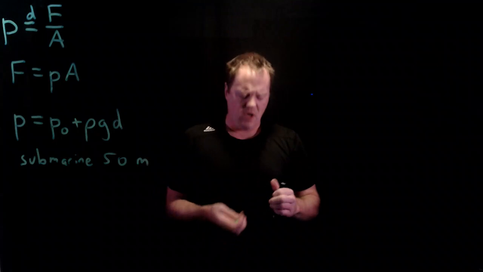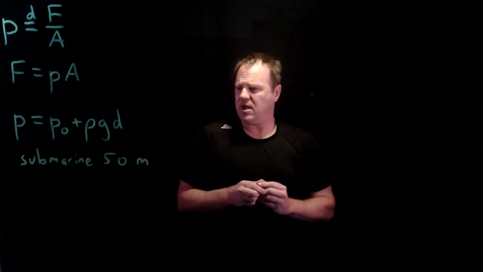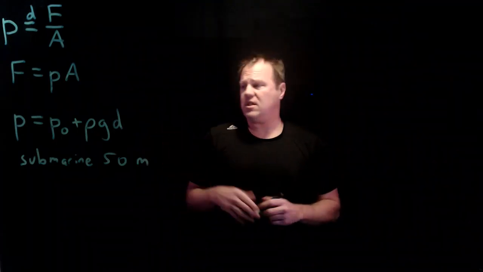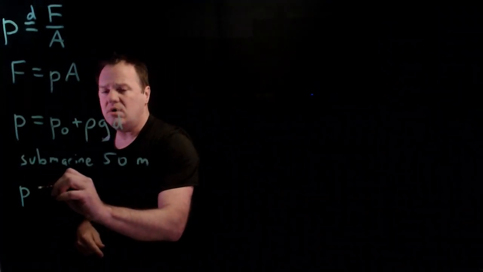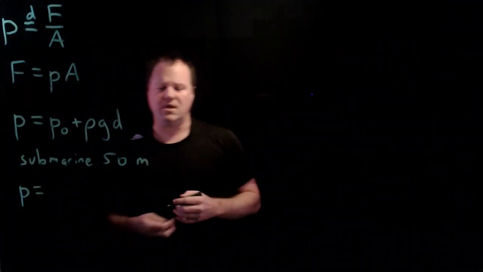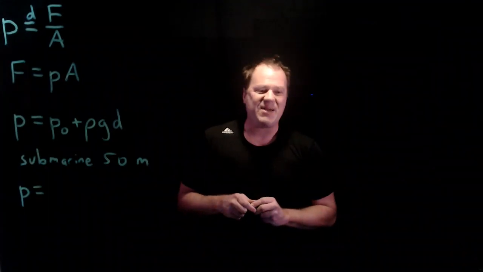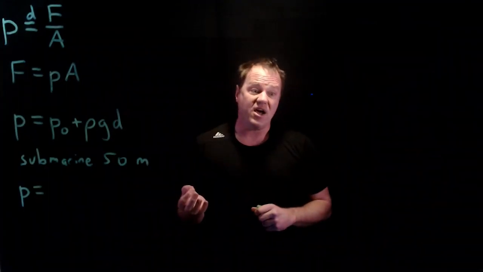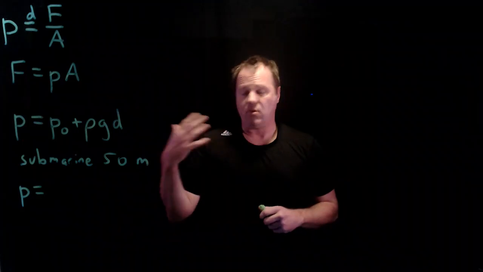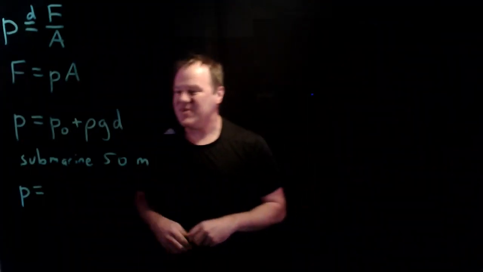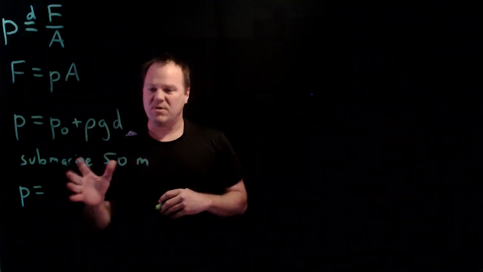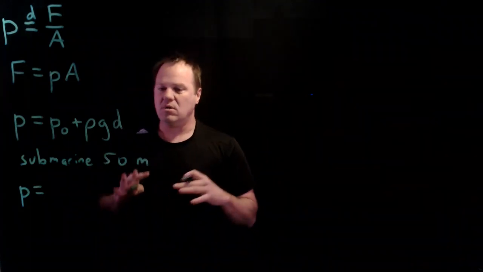So let's just call the whole submarine all at about 50 meters, and let's calculate the pressure for that submarine. I'm going to be lazy here and use the density of regular water, but of course most submarines are in salt water, which has a slightly different density. But anyway, we have a submarine at a depth of 50 meters, in water.